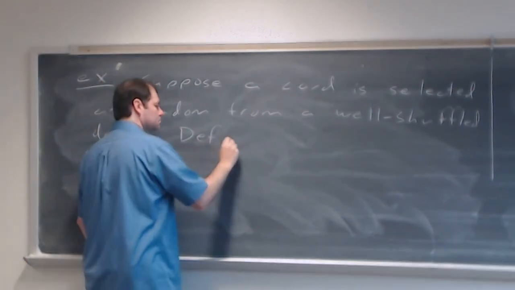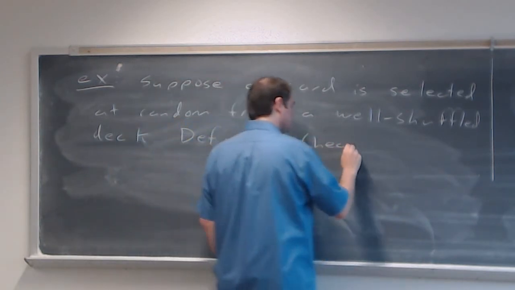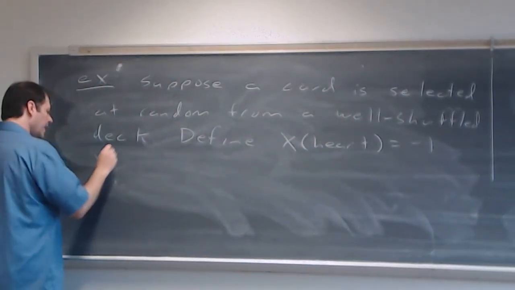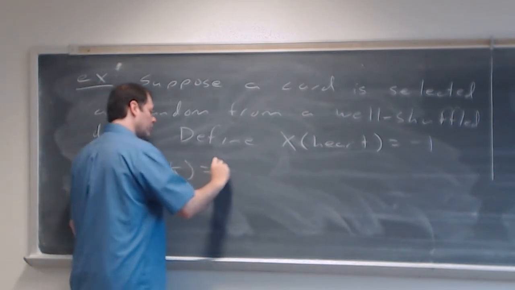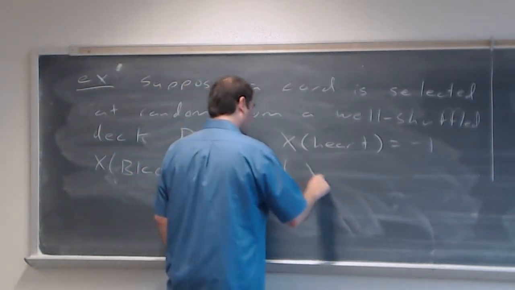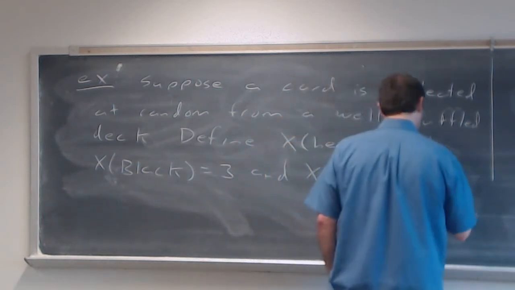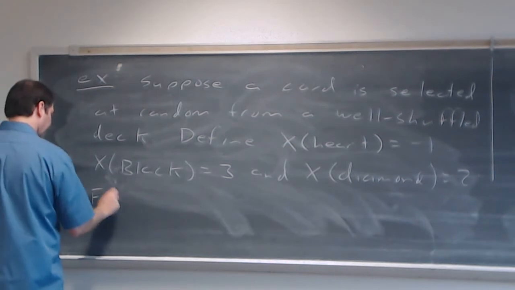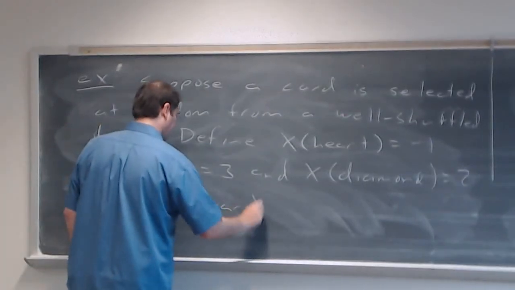Define x of a heart to be equal to -1, x of a black card to be equal to 3, and x of a diamond to be equal to 2. And the directions are to define the variance of x.